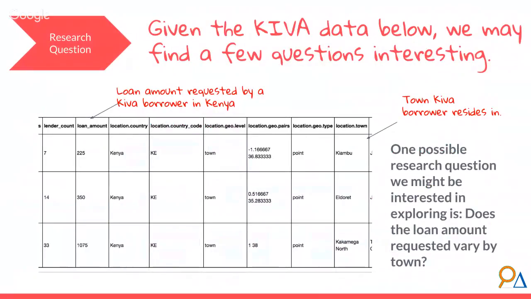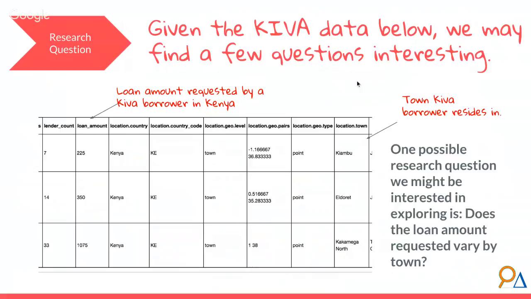Cool. So here's an example of how the Kiva data looks. Given the Kiva data below, we may find a few questions interesting. We have the loan amount requested by Kiva borrowers in Kenya, and we also have location town. One possible research question might be, does the loan amount requested vary by town?